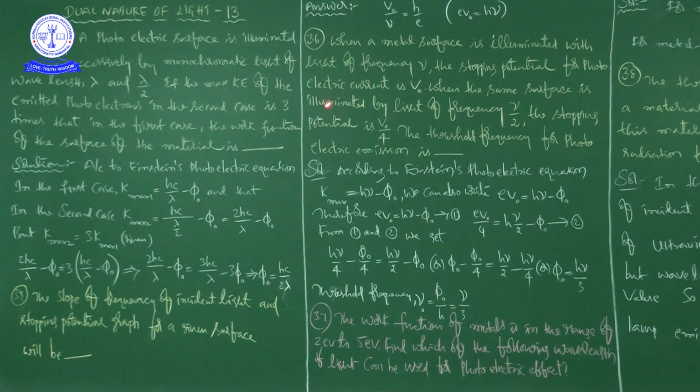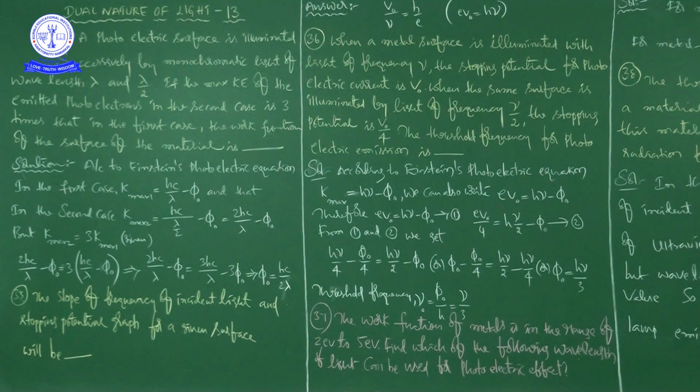When the same surface is illuminated by light of frequency nu by 2, the stopping potential is V0 by 4. So, two different cases, right?